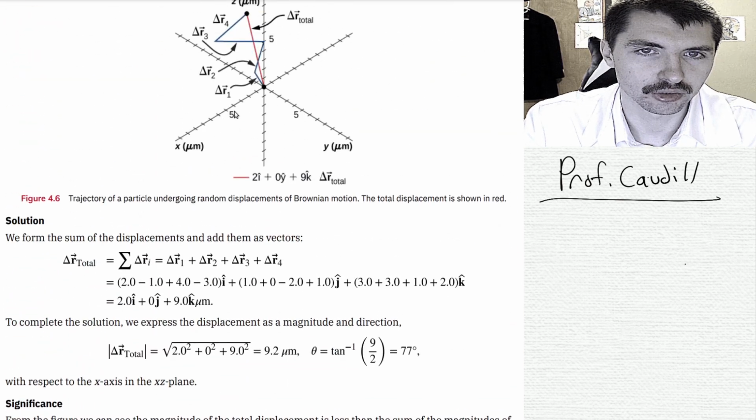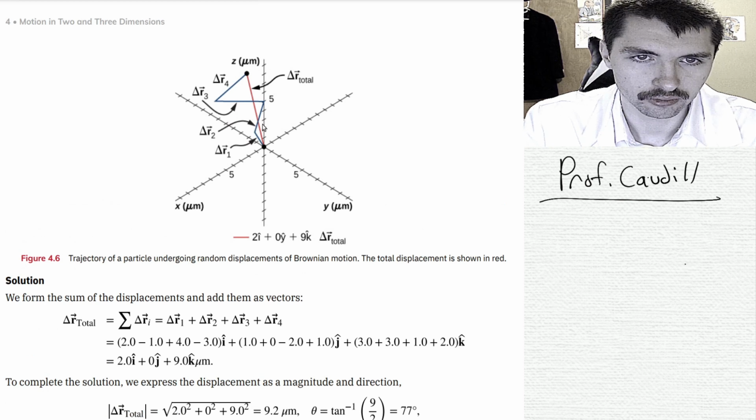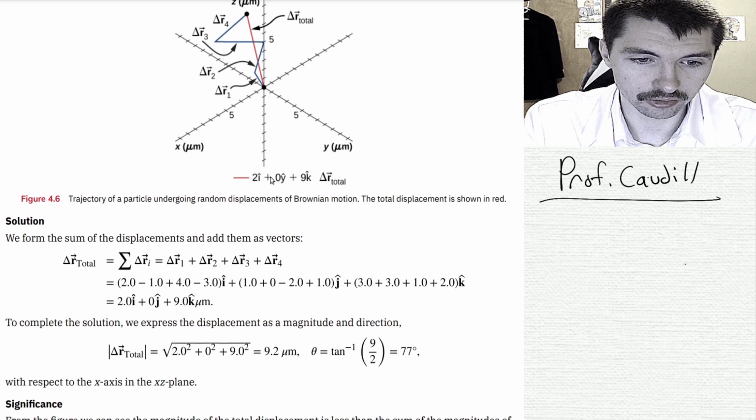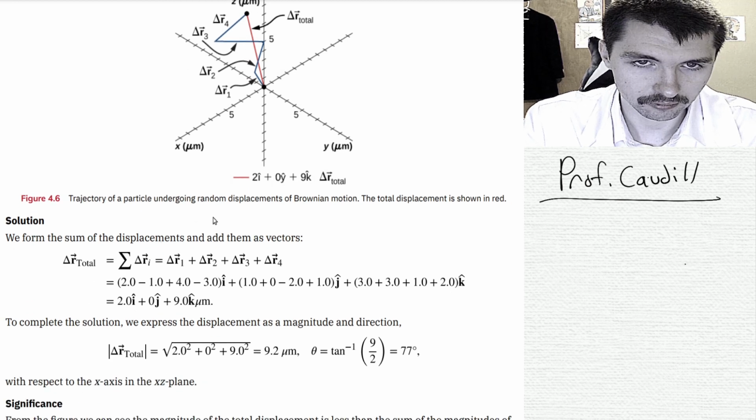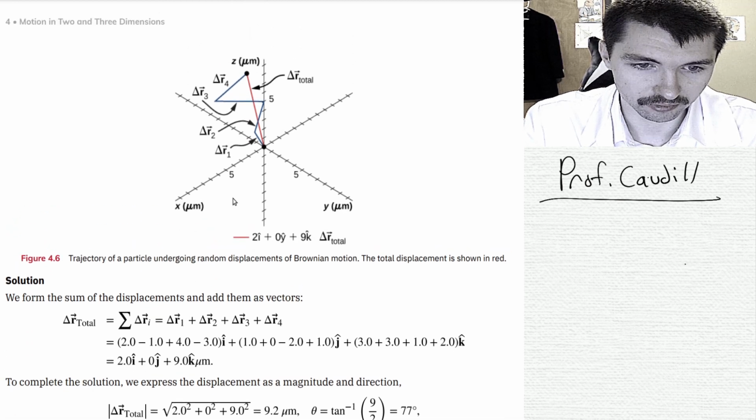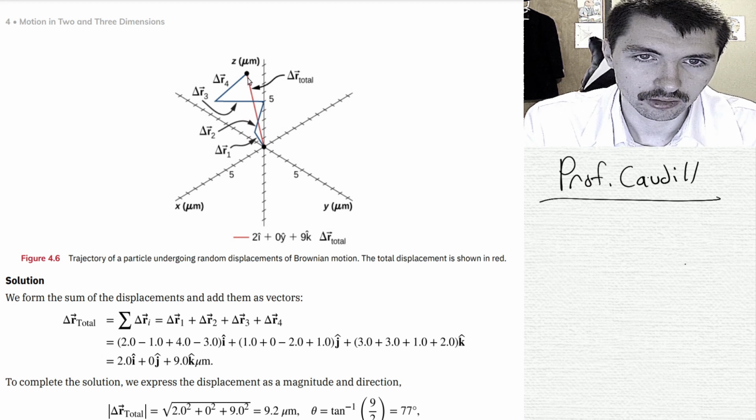So just to review, you can find the total displacement. You find a displacement vector. So this has an angle and a magnitude.